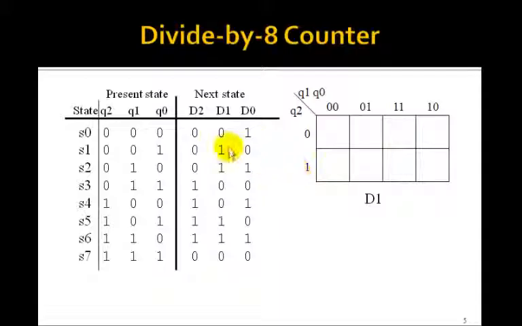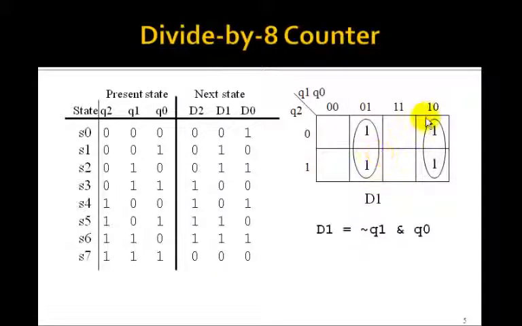And we can do the same thing for D1. We have a minterm 1, minterm 2, minterm 5, and minterm 6. So 2 circles here, circle here, circle here. What's the logic equation? D1 is going to be not Q1 and Q0, or Q1 and not Q0.